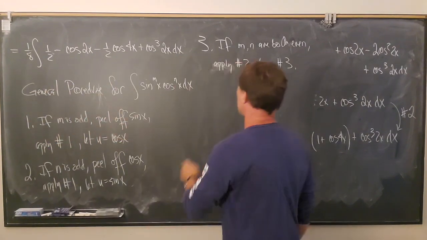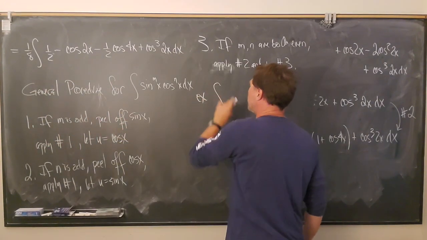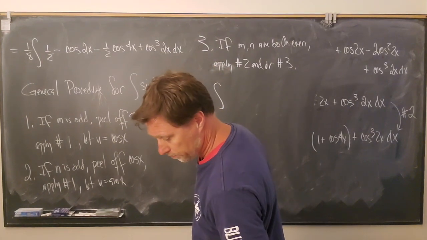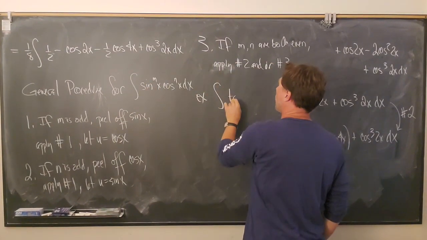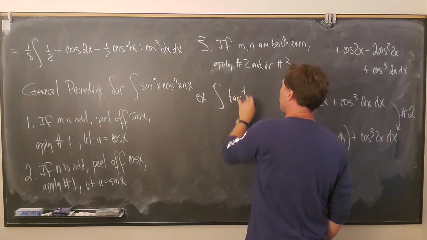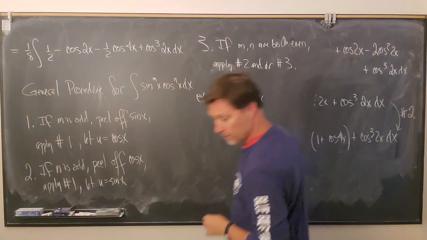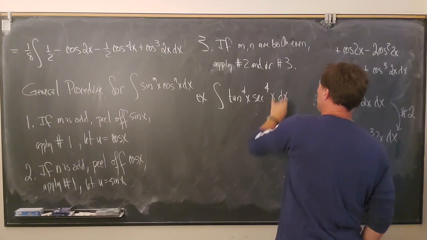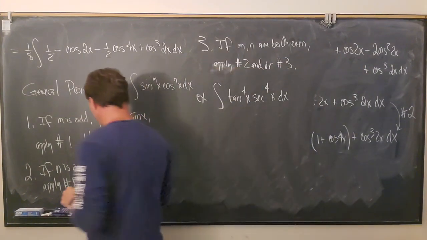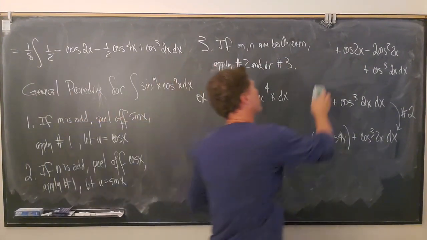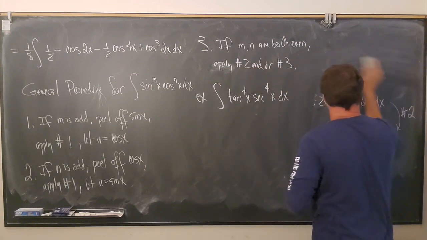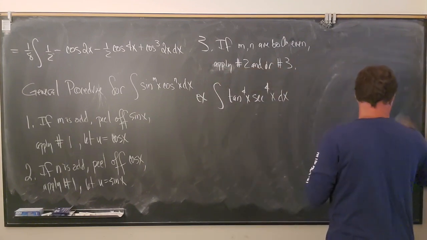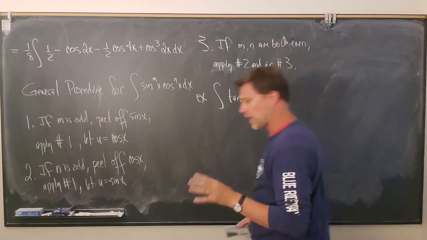Okay, so let's move on to some new examples here. Let's look at the integral of tangent to the 4th x, secant to the 4th x dx. And I remember when we had odd powers of either sine or cosine, the point was we peel off either a sine or cosine, whichever was odd.